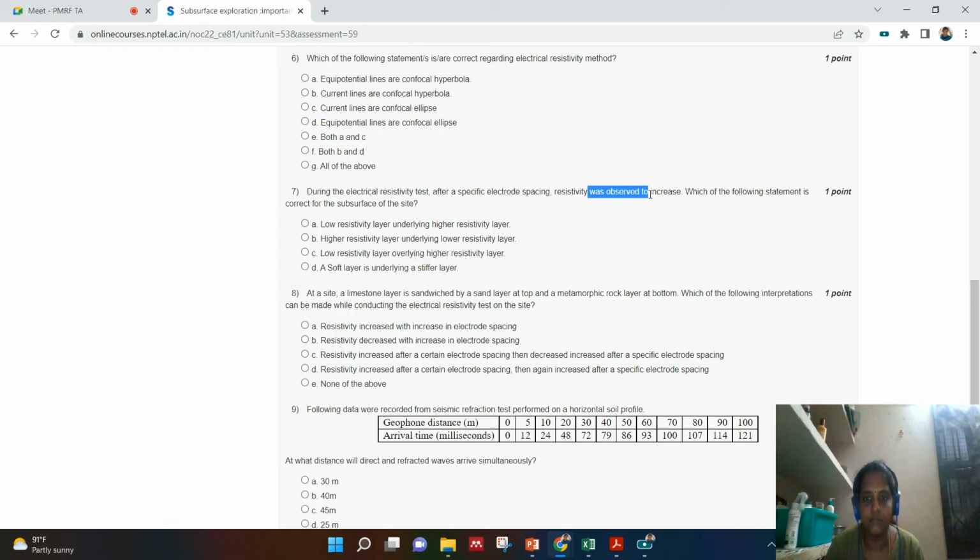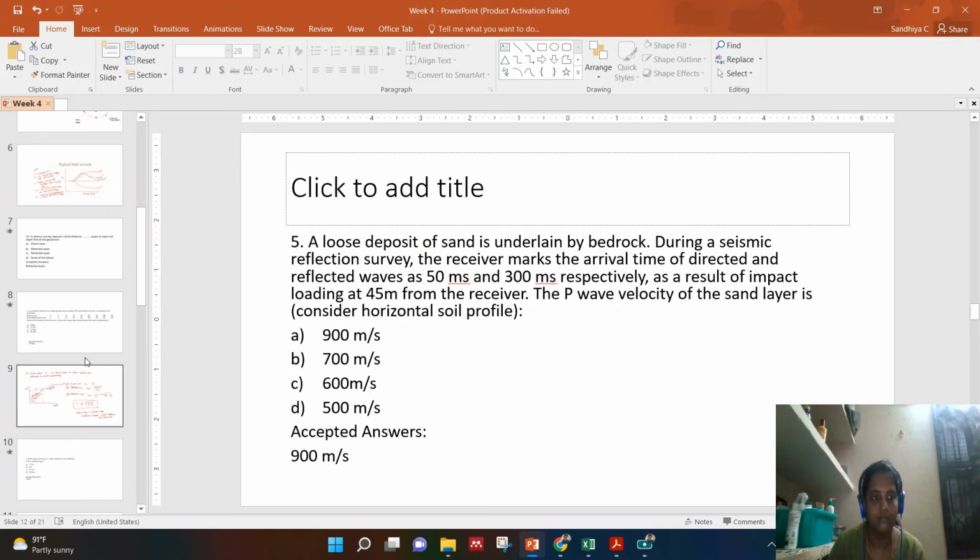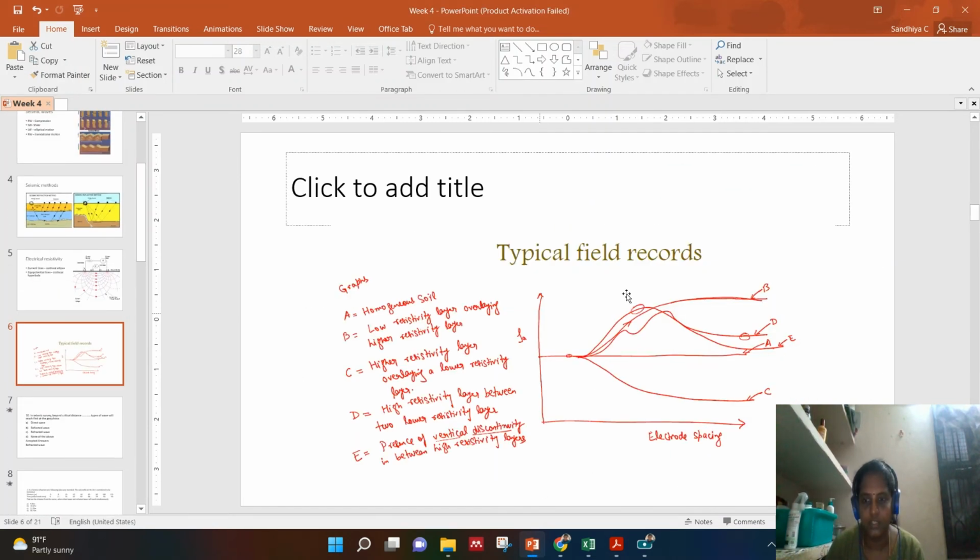So resistivity is observed to increase. Okay, resistivity observed to increase means, without seeing the option, can you tell what is the answer? Resistivity is about to increase. So in this, which is the curve?